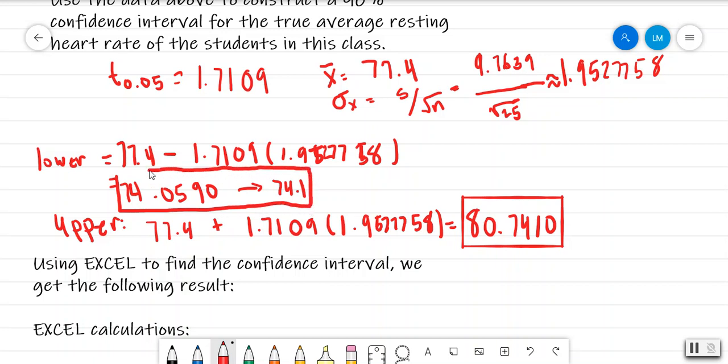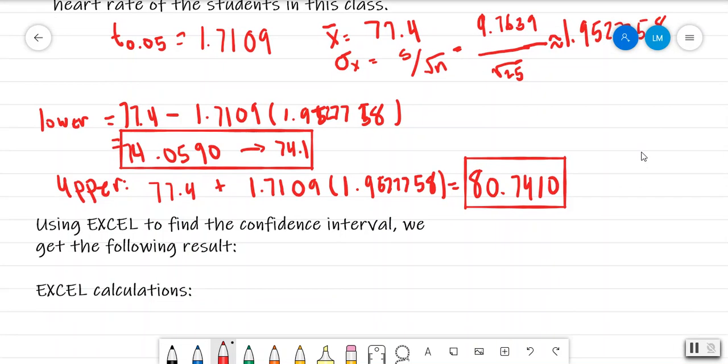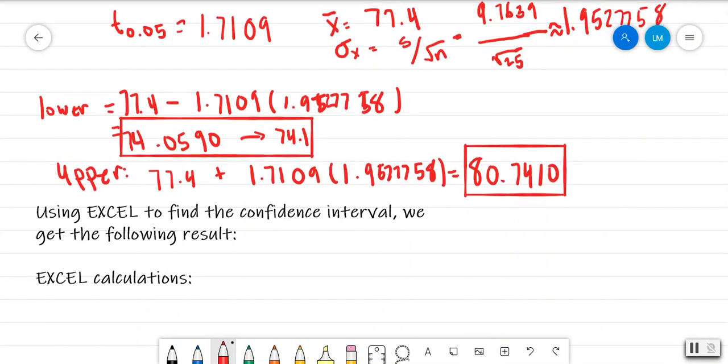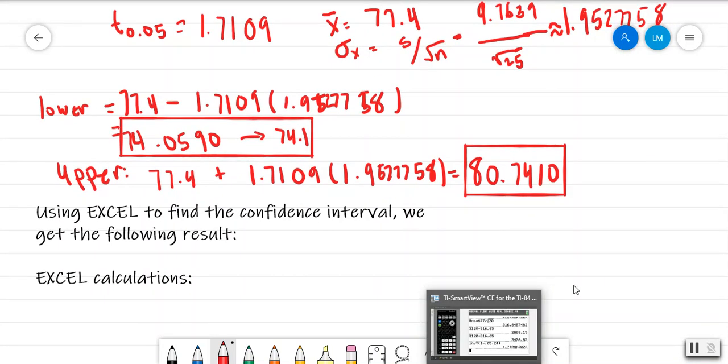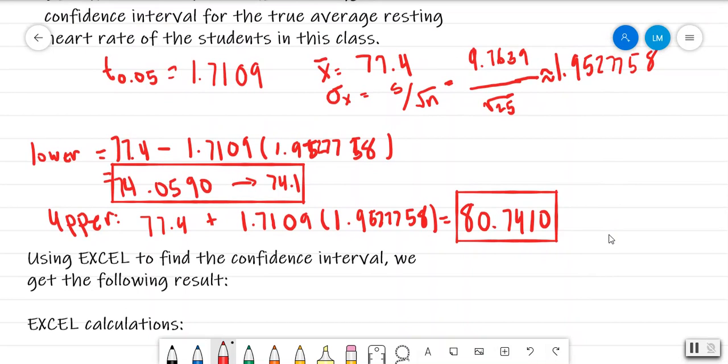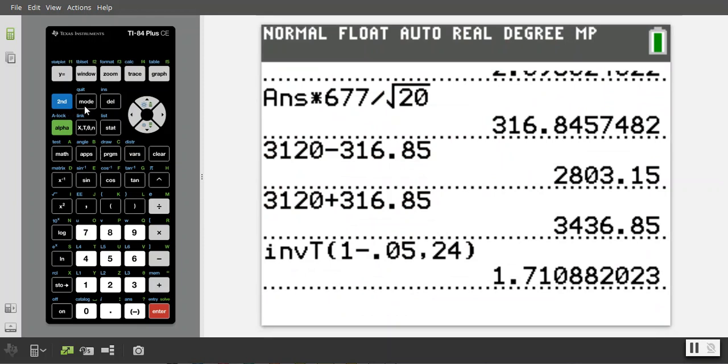Before I go back to my Excel, I'm going to show you how I could have used the calculator to help me find the confidence interval.